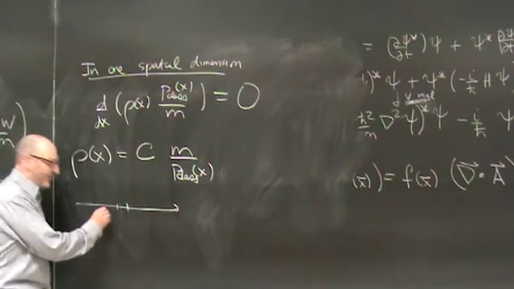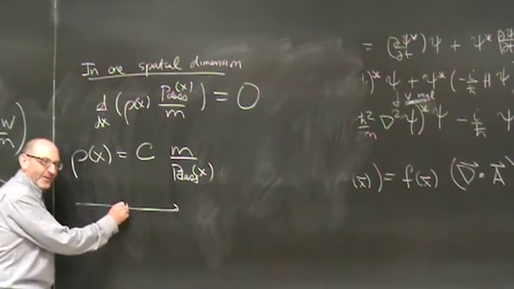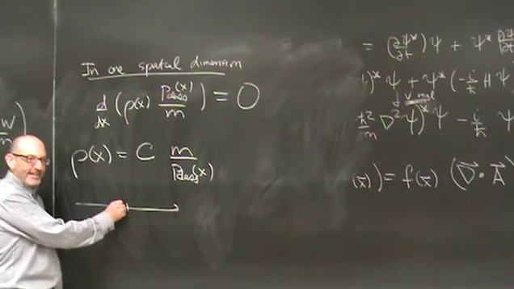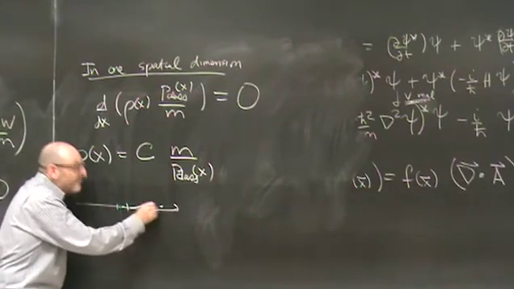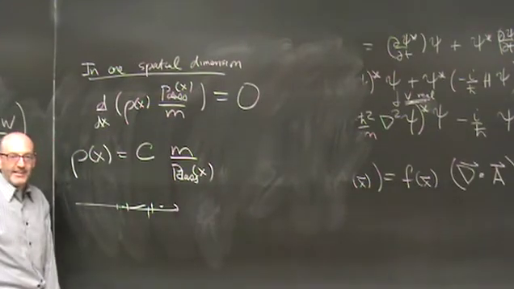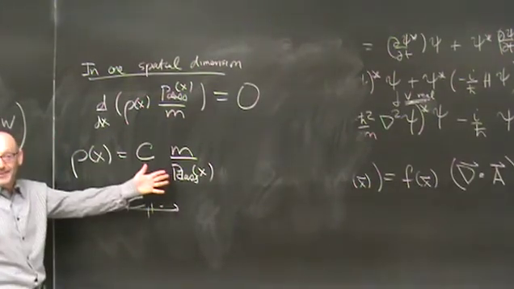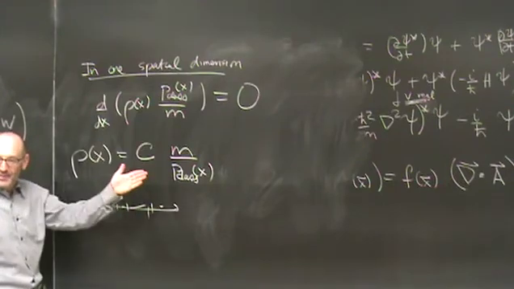Sure, if it's moving very slowly, it's very likely to be at that position. If it's moving very fast, then at any time interval, I'm very unlikely to find it there. So this is just what you would expect from a classical particle moving.